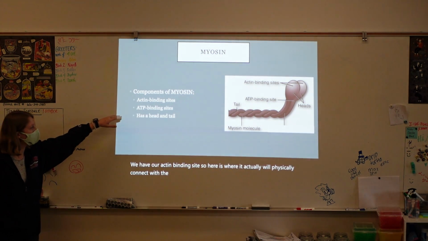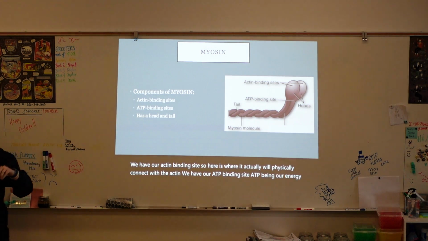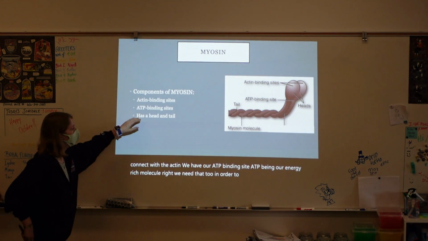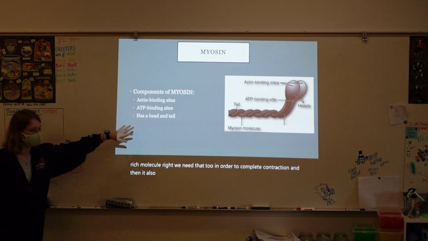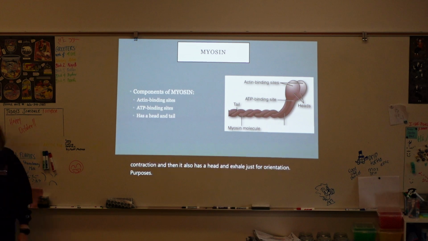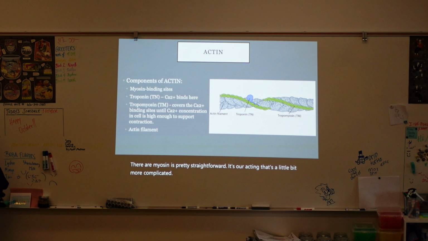We have an ATP binding site, ATP being our energy-rich molecule, right? We need that in order to complete contraction. And then it also has a head and a tail just for orientation purposes. So our myosin is pretty straightforward. It's our actin that's a little bit more complicated. And it's on the next slide.